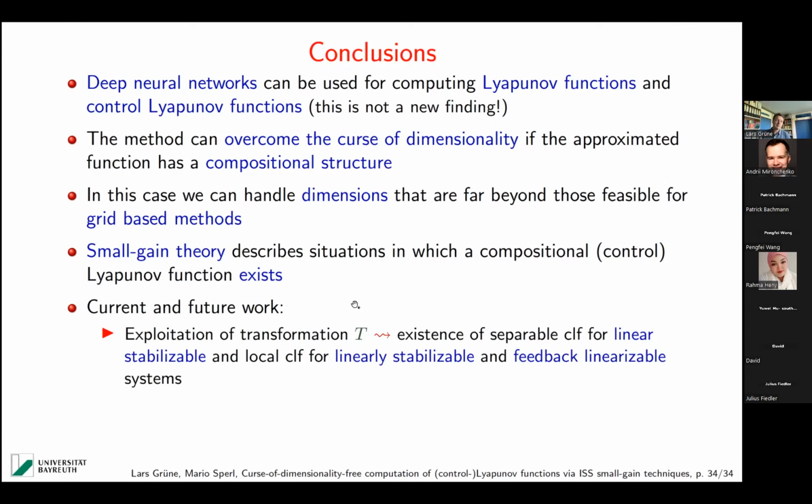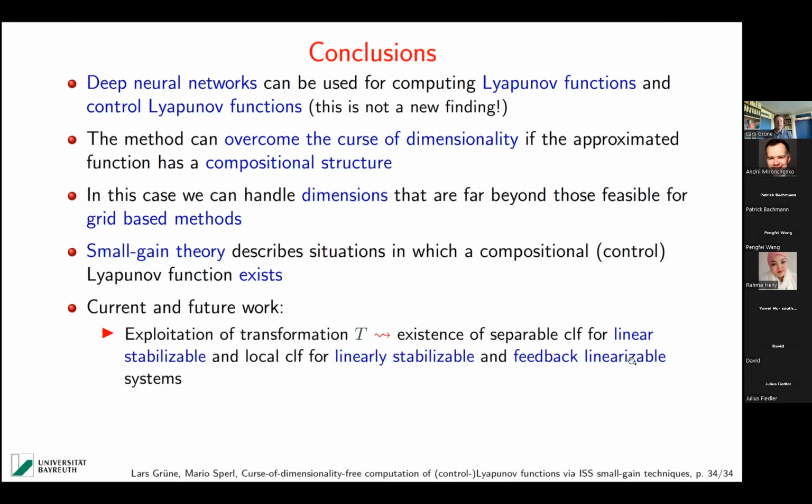So far I talked about small gain, which is just splitting up the vector. Now actually we can do more. And from this we can actually show that separable control Lyapunov functions exist for linear stabilizable systems, and in local form, even for linearly stabilizable ones. So these are systems which are stabilizable by a linear feedback, and also for feedback linearizable systems.